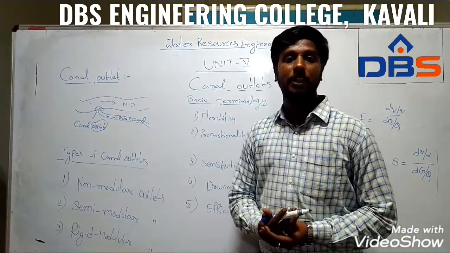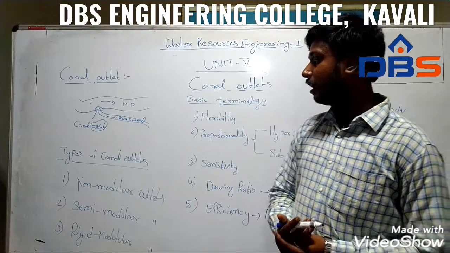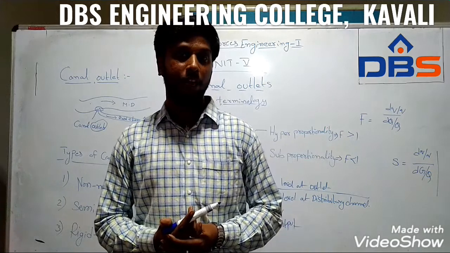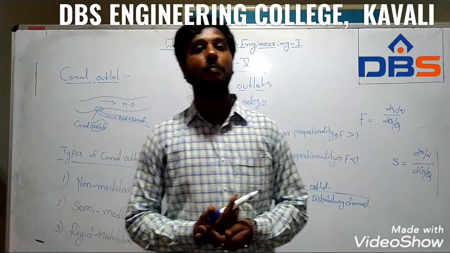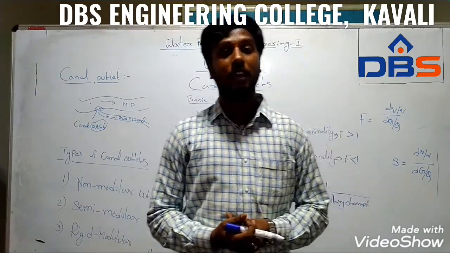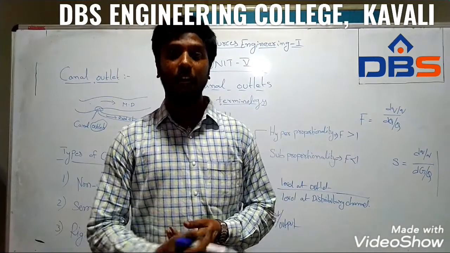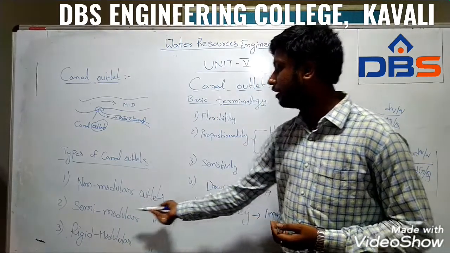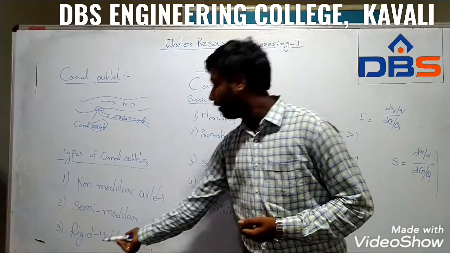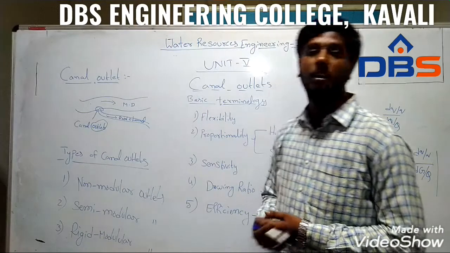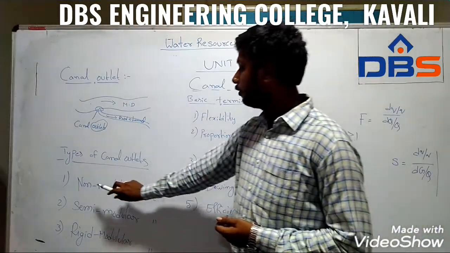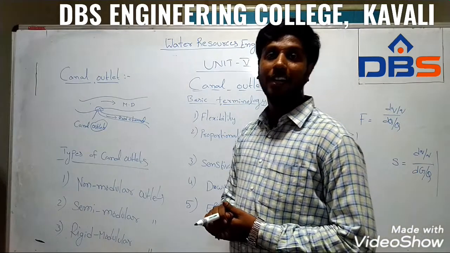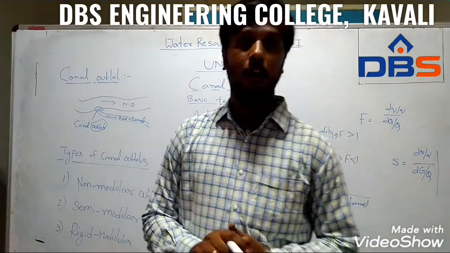So the next concept is types of canal outlets. Here we mainly discuss how many types of canal outlets there are. This mainly depends upon the fluctuations occurring in the major distributary and field channel. Those are non-modular outlets, semi-modular outlets, and finally rigid modular outlets. Coming to the first one, what is meant by a non-modular outlet?